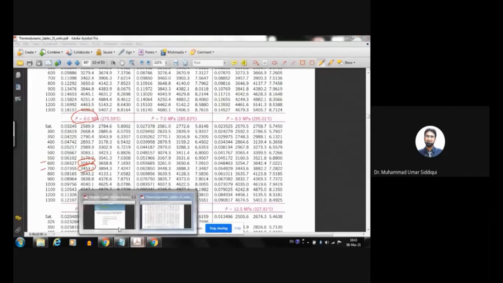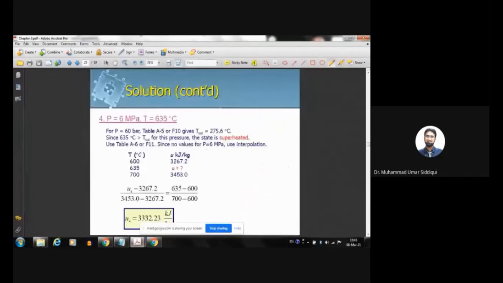So what I'm going to do is write it like this. At 600, whatever the u value, at 700, whatever the u value, and I need to find at 635. This is the u value that I need to find. So I'm going to make a small table here.